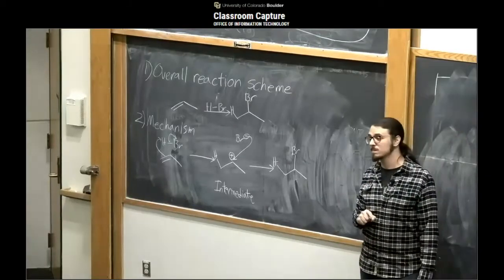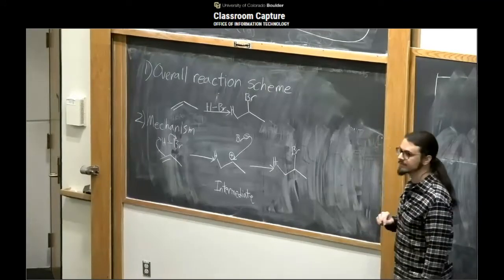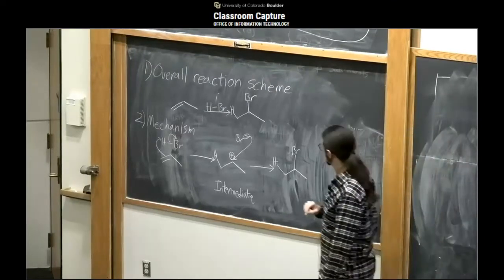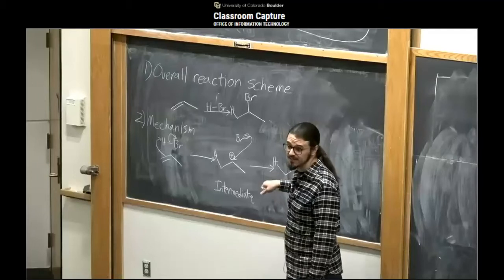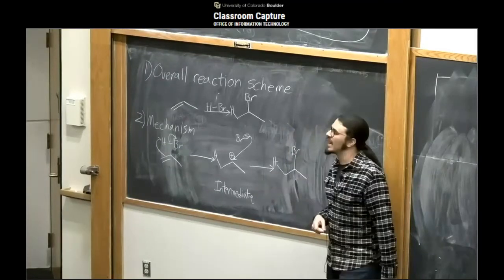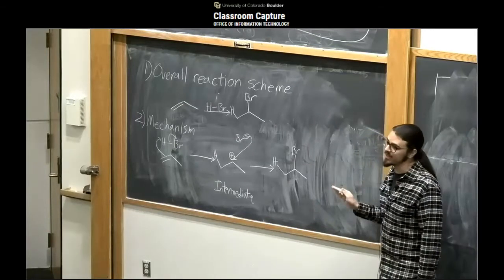How would you know that you created an intermediate and that the electrons that go onto bromine don't immediately form that? So essentially, you're asking how do we know it's not a one-step process to get from the starting material to the products? So we have empirical evidence for it, and we're going to get into essentially why we know this in a little bit.